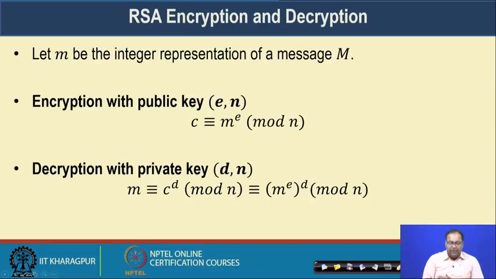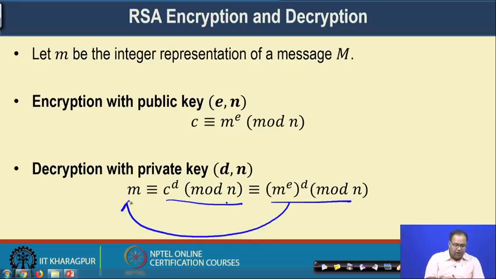So, whenever you compute c to the power d mod n, it becomes m to the power e to the power d mod n, which comes out to be the original message m. That way you can decrypt the message by applying this private key (d, n).